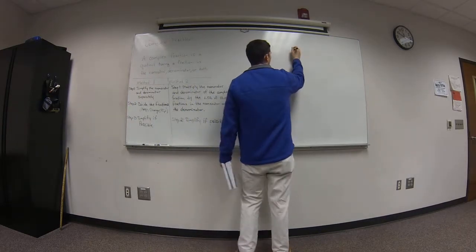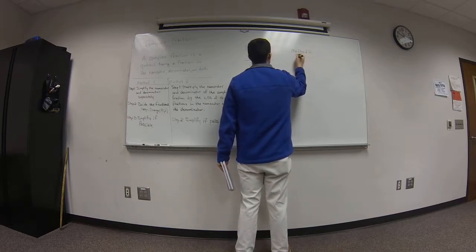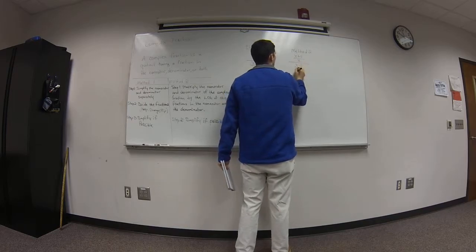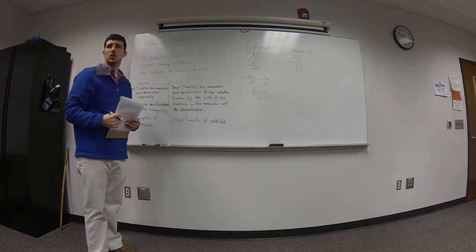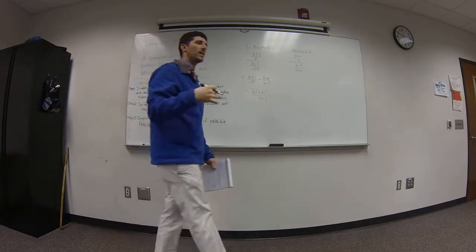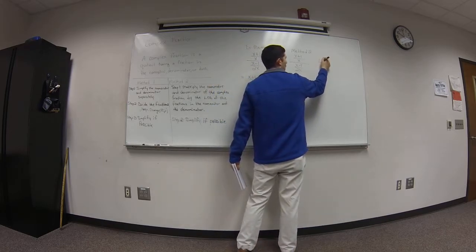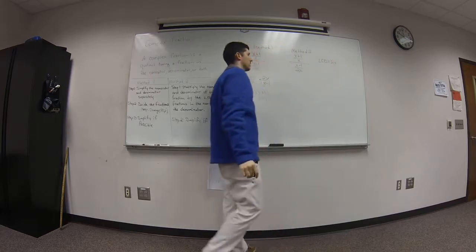Let's look at the same problem. So this time we'll use method two. So again, x plus 1 over x over x minus 1 over 2x. All right, so method two says first we need to find the LCD of my denominators. So here I have x and 2x, and if we remember back to LCD, our LCD here would be 2x.